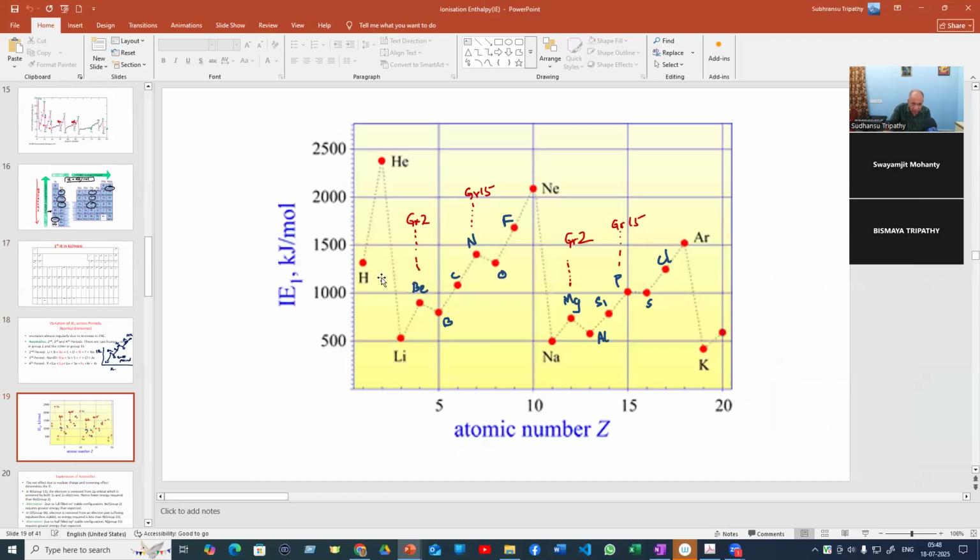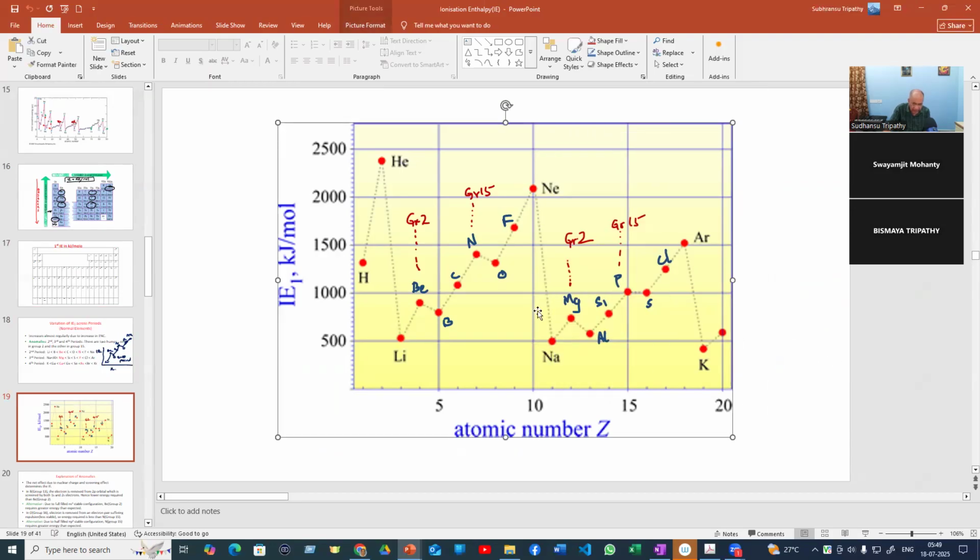Hump, hydrogen, helium is the highest, then suddenly comes down starting from the second period, lithium, then hump, boron, carbon, nitrogen, hump, then oxygen, fluorine, neon, then suddenly coming down to the third period beginning with sodium, but sodium is lower. See, lithium level is a little more, sodium level is a little less.